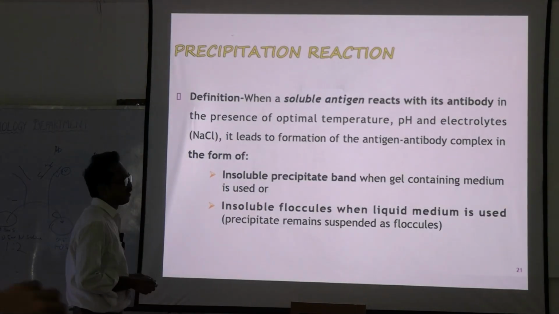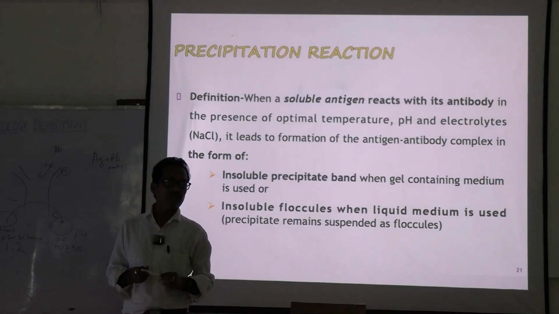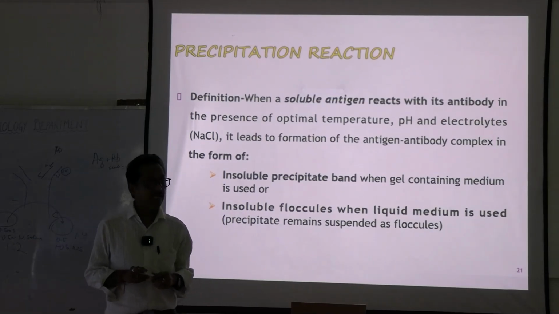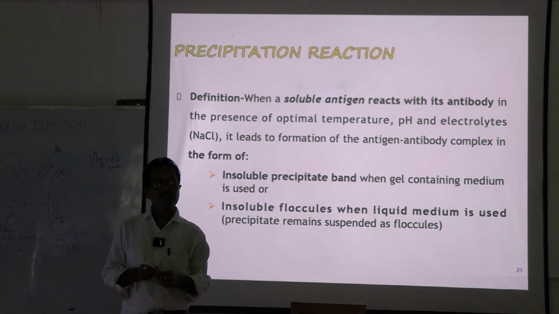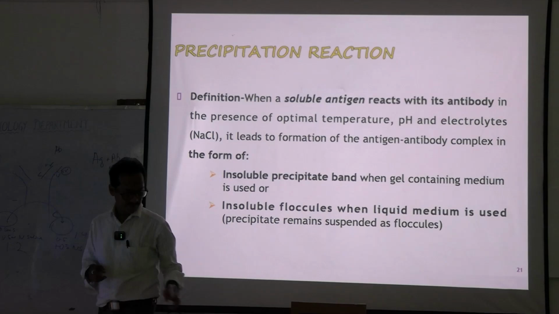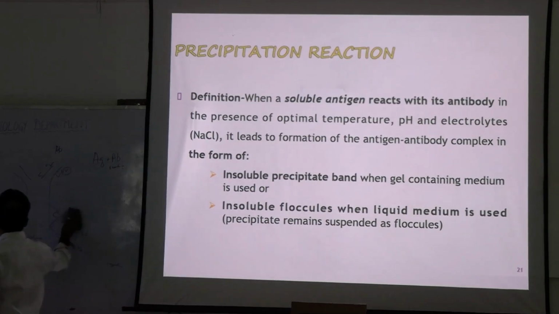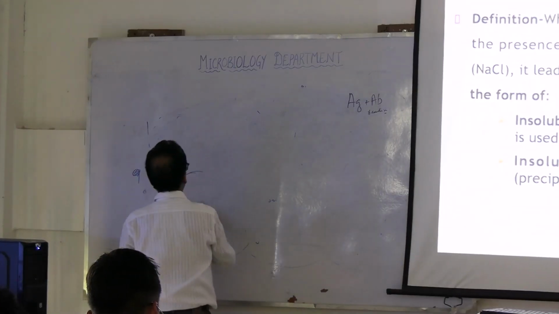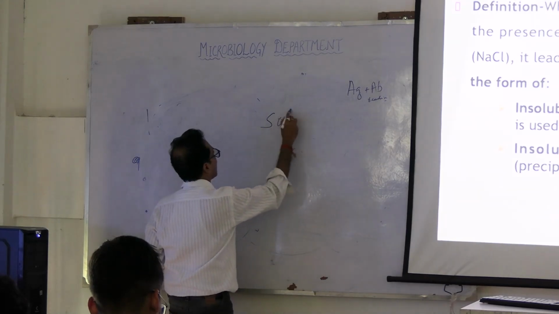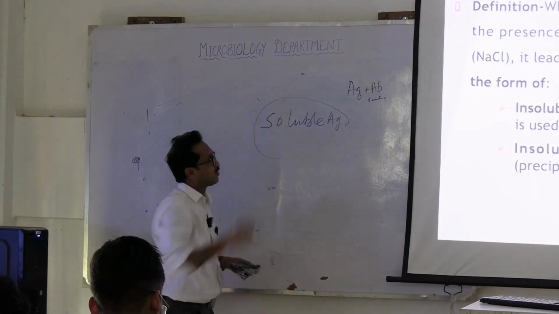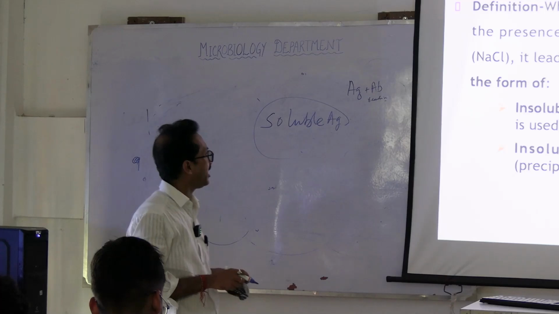Precipitation reaction. What is the main difference between agglutination and precipitation? The main difference lies in the type of antigen. In precipitation, what is the type of antigen? It is the soluble antigen. In precipitation reaction, the antigen is soluble, so soluble antigen reacts with the antibody.